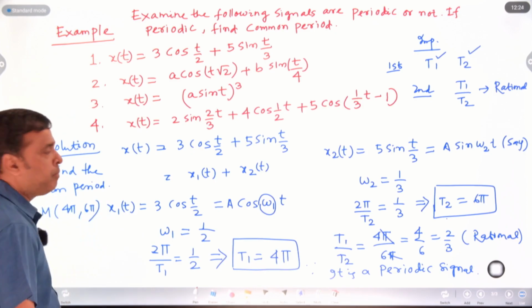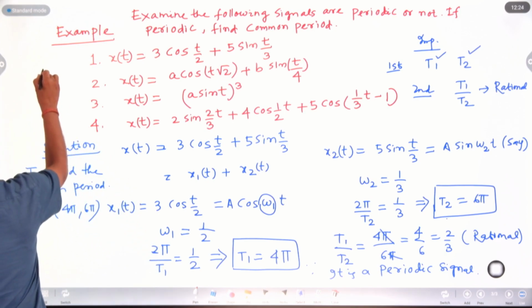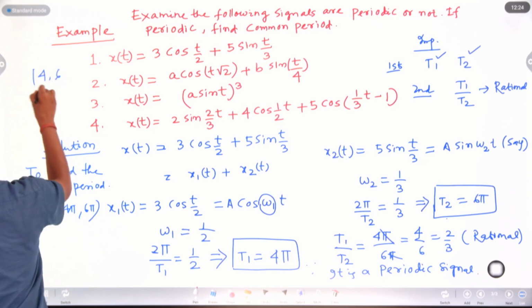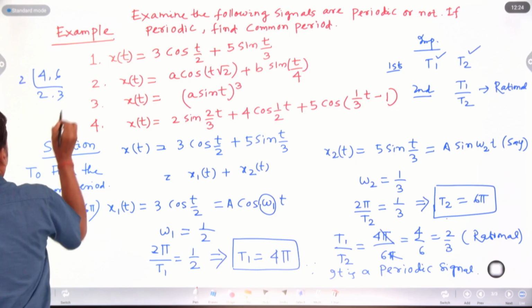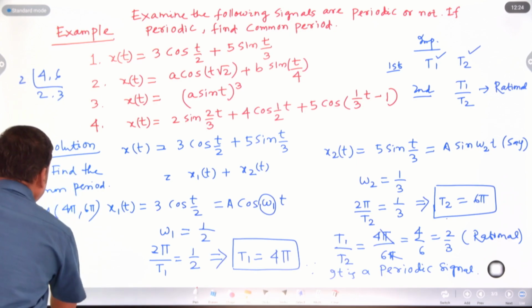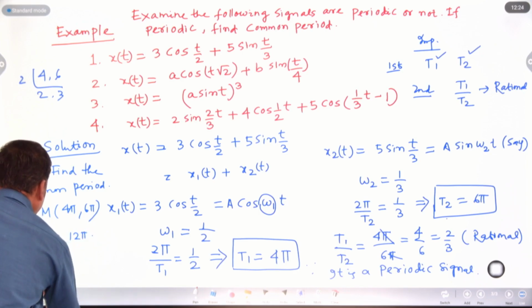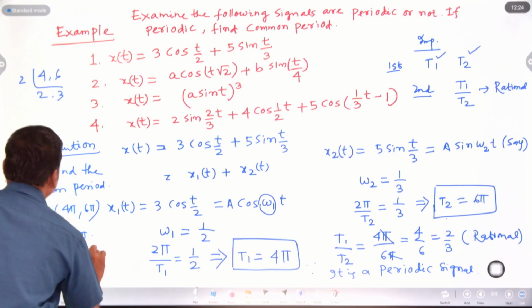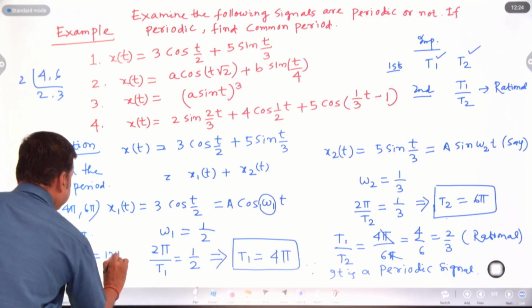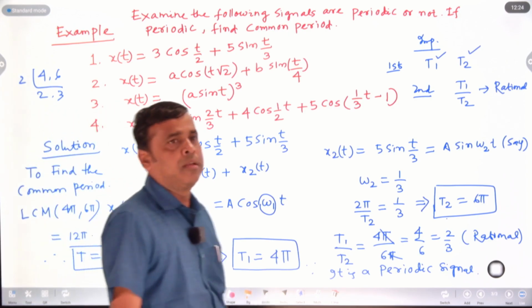The LCM of 4 and 6 is 12. So that is nothing but 12 pi. Therefore, the common period of this multitone signal is 12 pi. It is the most important thing.